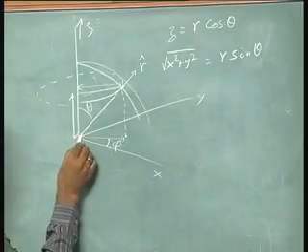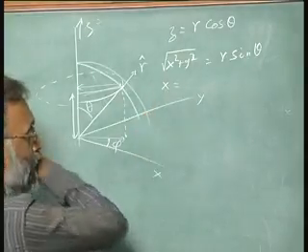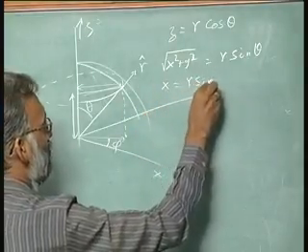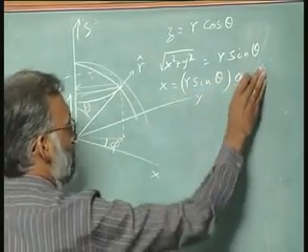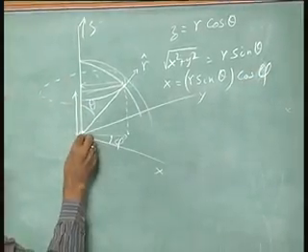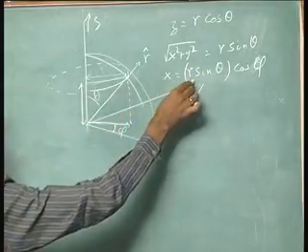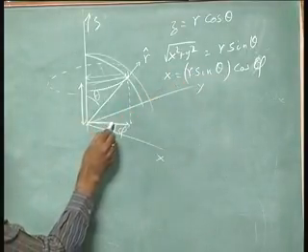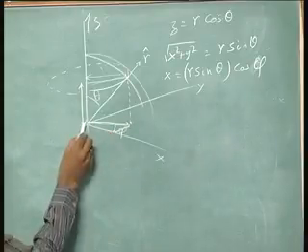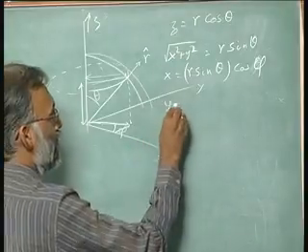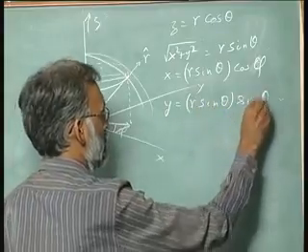The x coordinate itself would become r sin theta times cos phi, because this length is r sin theta, and you have to multiply that r sin theta by cos phi to get the distance along x. Similarly, y is equal to r sin theta sin phi.